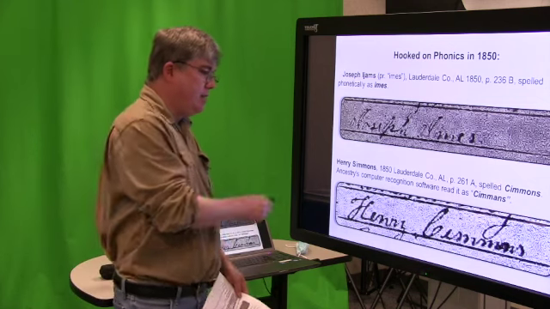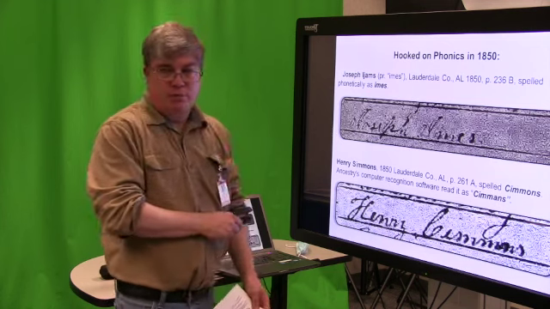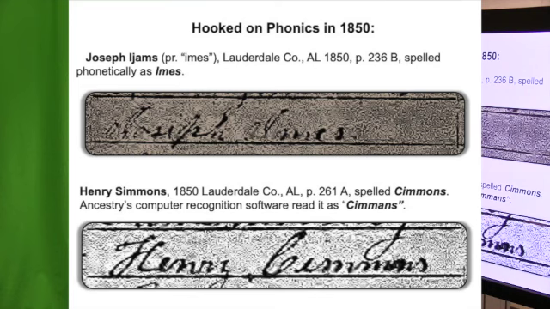Henry Simmons in 1850, a creative census taker that knows that C sometimes makes the same sound as S does, spelled Simmons with a C, S-I-M-M-O-N-S. The Ancestry's computer recognition software read it as Simmons with an A. So always check for spelling variations.